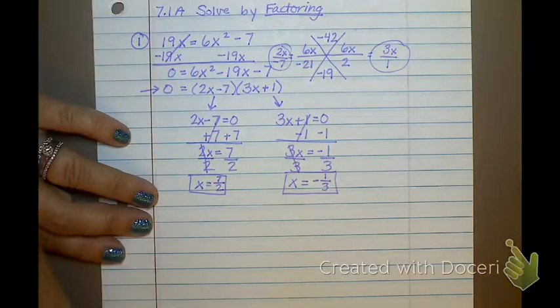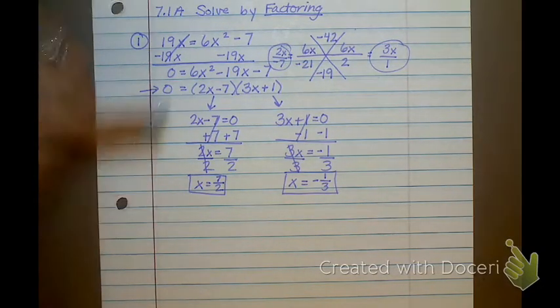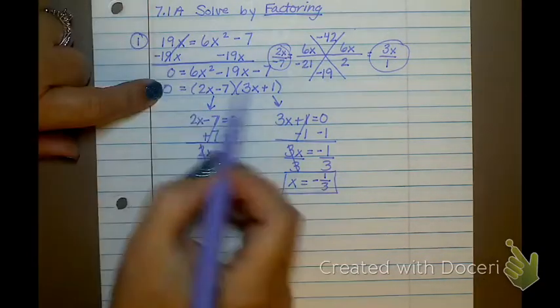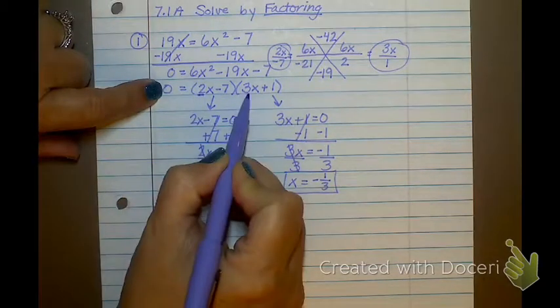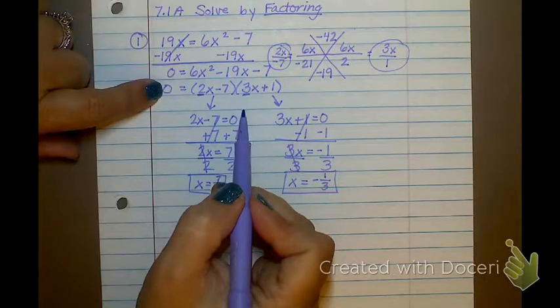Why did I get fractions there? Because they couldn't evenly divide. What kind of a hint from up here would tell me that I was going to get fractions in my answer? When there is a coefficient of x, most likely I'm going to have fraction answers.